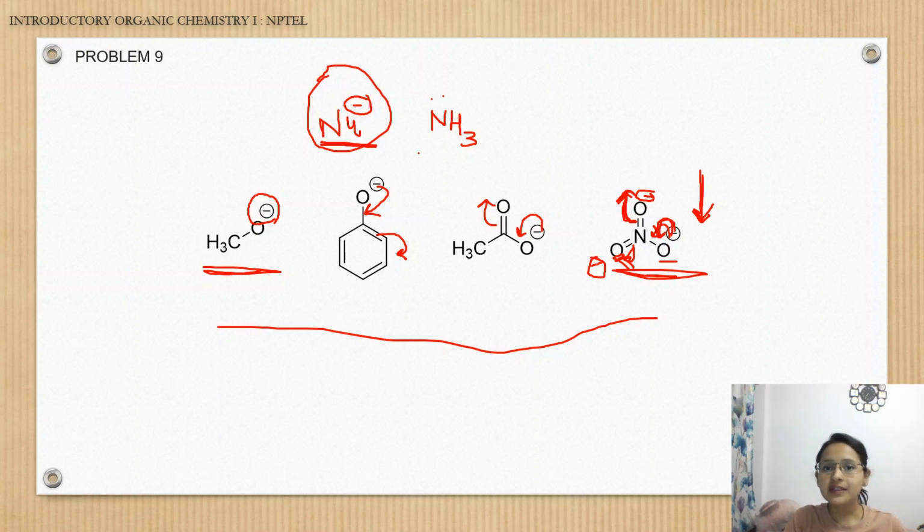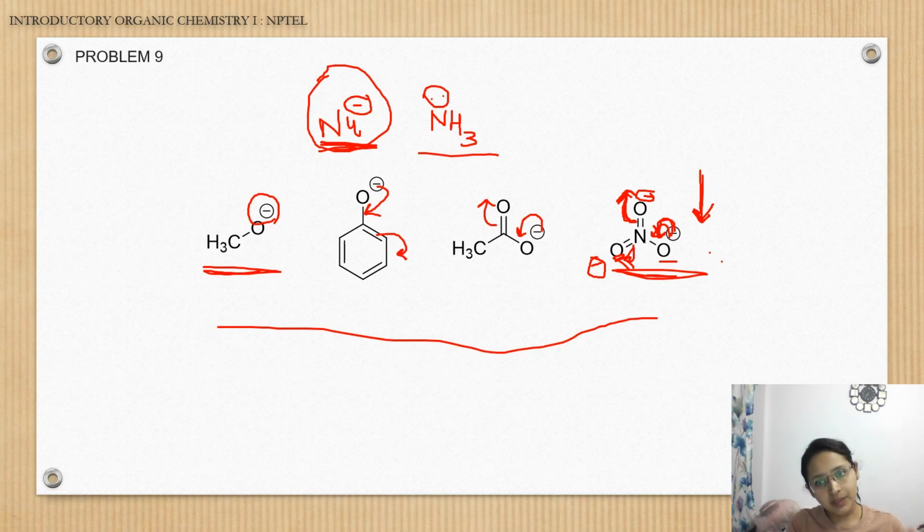Similar to the concept of basicity, we say that anilines have less basicity than alkylamines, because the nitrogen lone pair is involved in delocalization in aniline, but in alkylamines there is no delocalization. That is why alkylamines are more basic than anilines. A similar concept arises here. For nucleophilicity, the electron density at the nucleophile should be highest, but here it is involved in resonance.